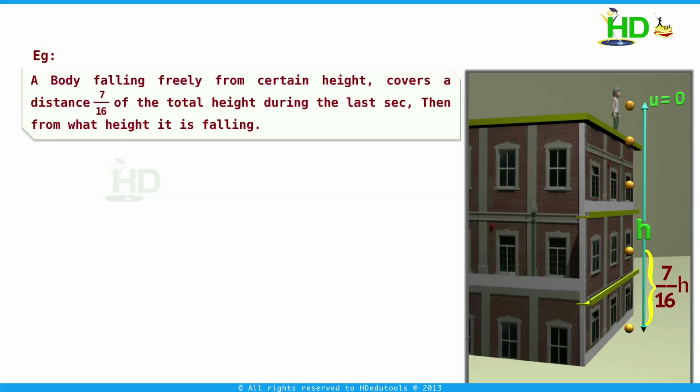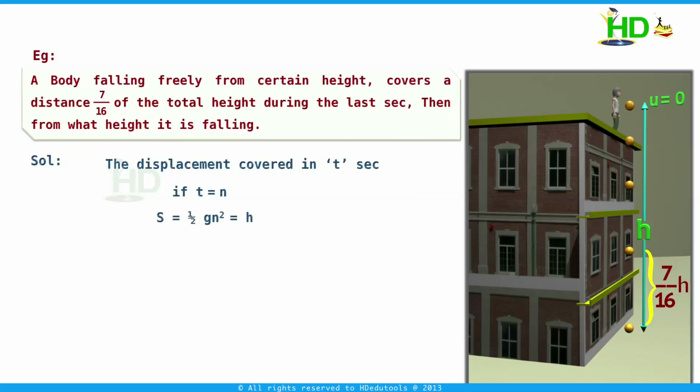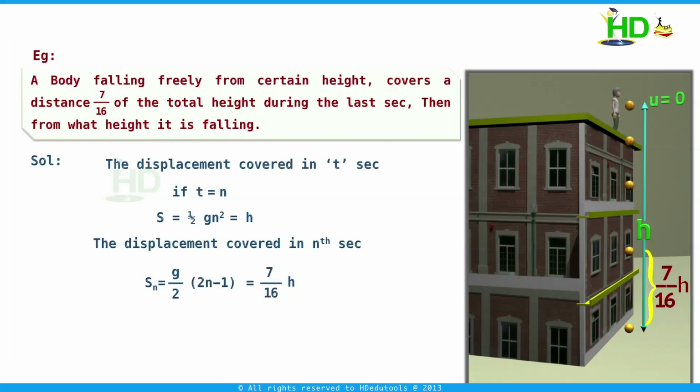In case of a freely falling body, the displacement covered in t seconds is given by S is equal to half g t square. If we consider the body falls for n seconds, we can write S is equal to 1 by 2 g n square, and this is equal to h, and the displacement covered during the nth second is given by Sn equal to g by 2 into 2n minus 1. This is equal to 7 by 16 h. Why? Because the displacement covered in the last second is 7 by 16 h.